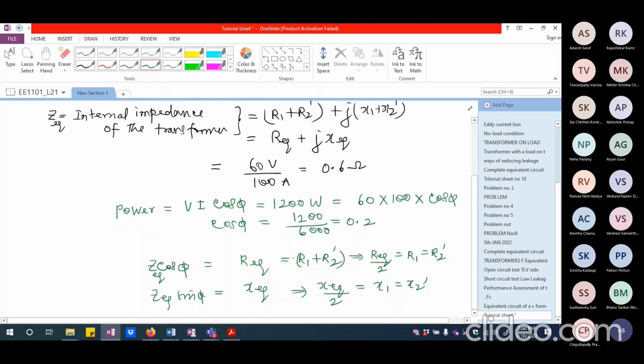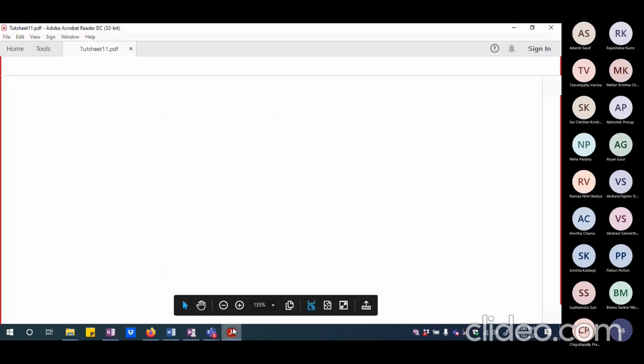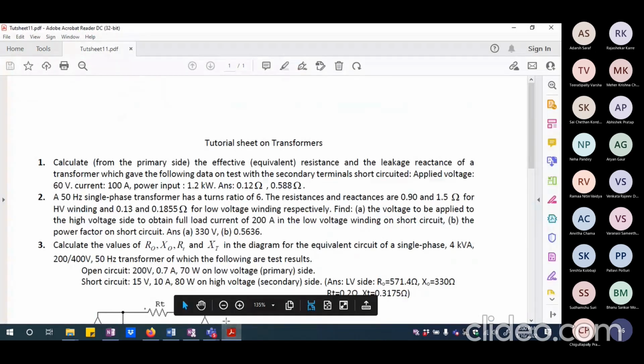Okay, fine. So let's look at problem number 2. A 50 Hz single phase transformer has a turns ratio of 6. The resistance and reactances are 0.9 and 1.5 ohm for the high voltage winding and 0.13 and 0.1855 ohm for the low voltage winding respectively.